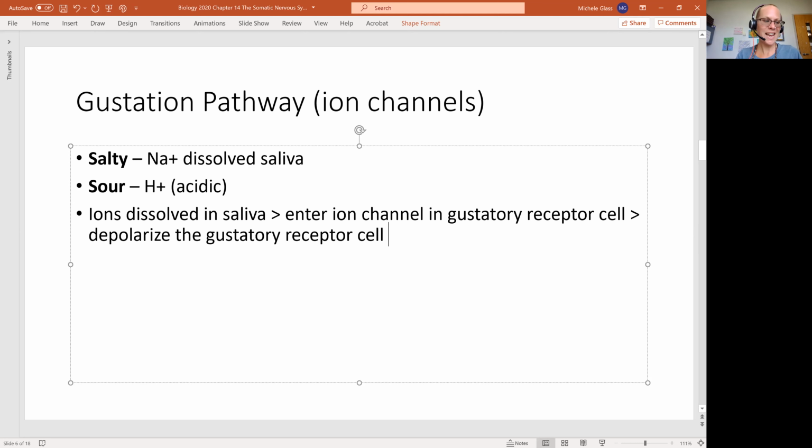That's our signal, right? And so this signal then is going to stimulate the sensory neuron. And those neurons are going to collectively make up the following cranial nerves.